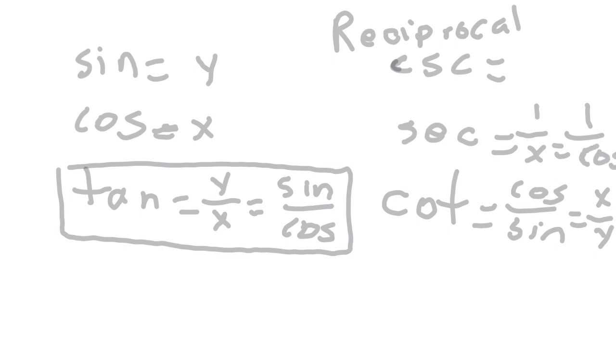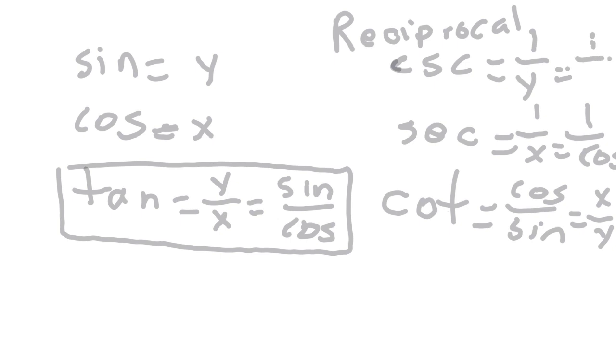We've used that a bunch in class, and you will use it next year a ton for those of you that take calculus. So that means that cosecant would be 1 over y, which is going to be 1 over sine.